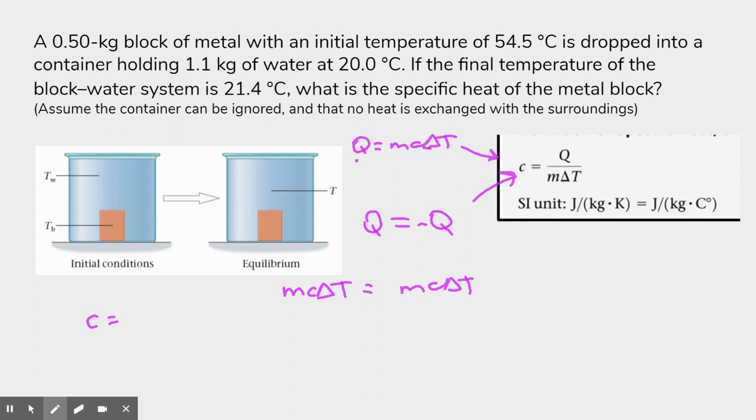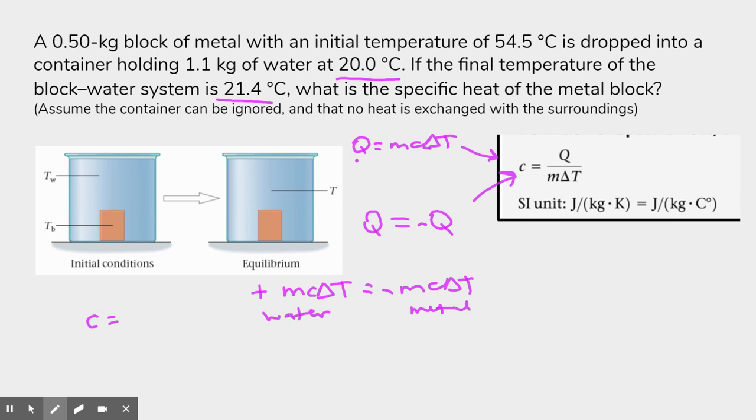So the one that is absorbing the heat is the substance that increases in temperature, and the one that is releasing the heat is the one that decreases in temperature. So my water is going from 20 degrees Celsius to 21.4, which means it increased in heat, so it absorbed. So we're going to say this side is the positive, this side is the negative. That means this is my side for water, and over here on the right, I have my side for the metal.